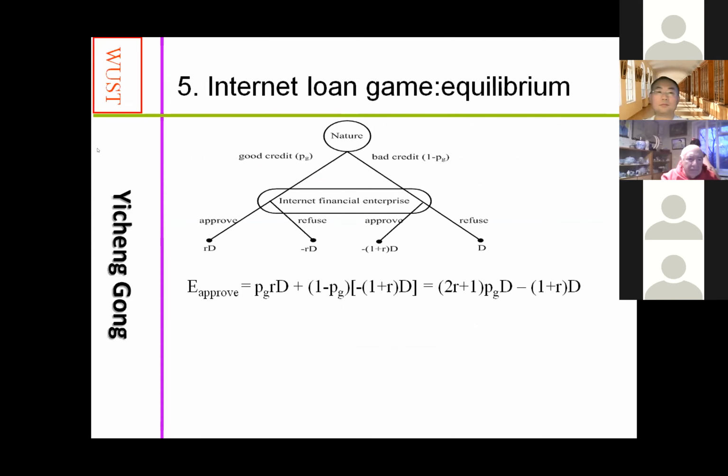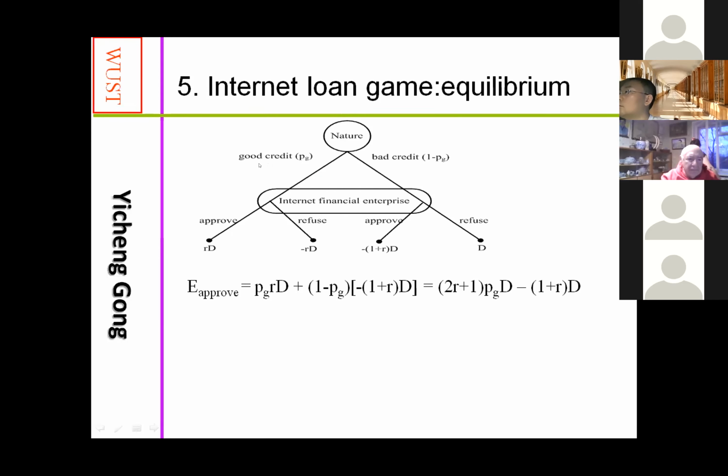By theoretical analysis, we can know the expected payoff of the internet finance enterprise, or the lending platform. If it chooses approve, then its payoff depends on the type of the applicant.